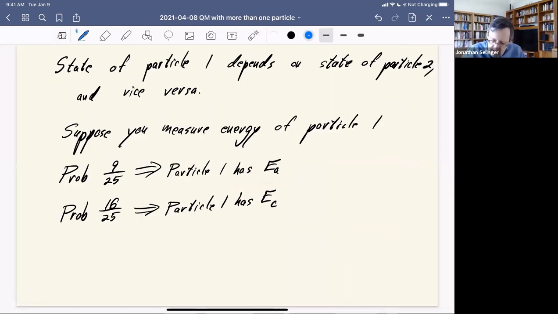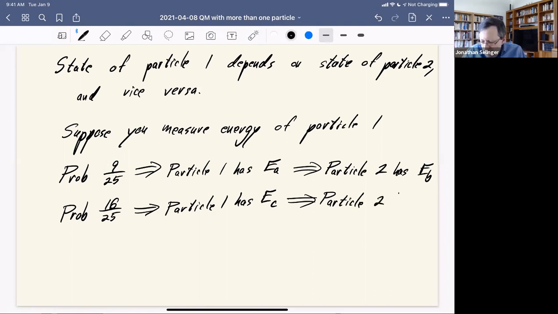So in this state, if you make the measurement of particle 1, then you can say for sure that particle 2 has E sub B. And if you find that particle 1 has energy E sub C, then you know for sure that particle 2 has E sub D. That is a weird quantum mechanical phenomenon, which does not have an analog in classical physics.